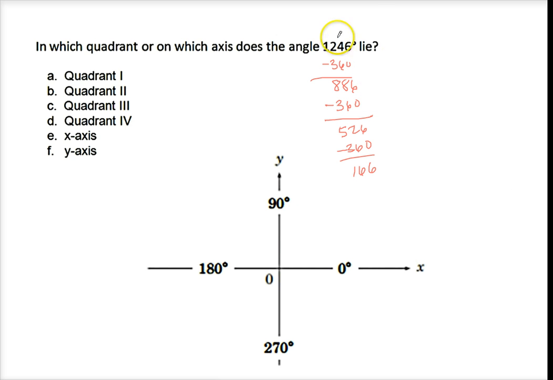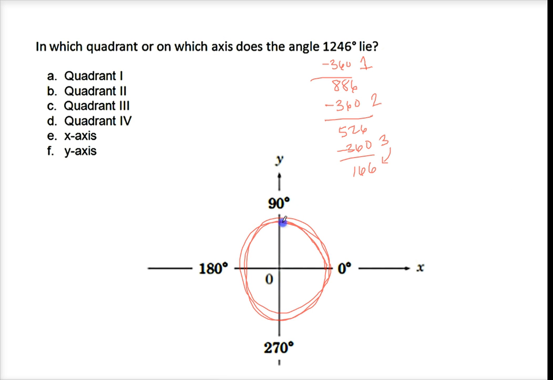So we can see that 1,246 will go around the circle 1, 2, 3 times and then have 166 degrees left. It's positive, so it would start at 0 and it would open up 1 circle, 2 circles, 3 circles, and then from here it goes 166 degrees past.